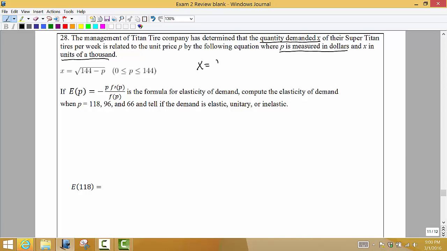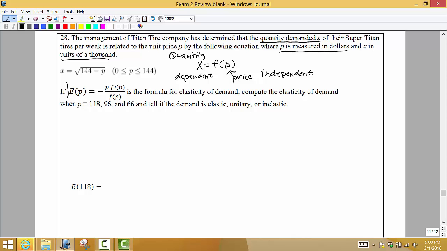Remember that X is a function of P, meaning that X is the dependent variable, and the quantity is dependent upon the price, which is our independent variable. So, quantity and price.